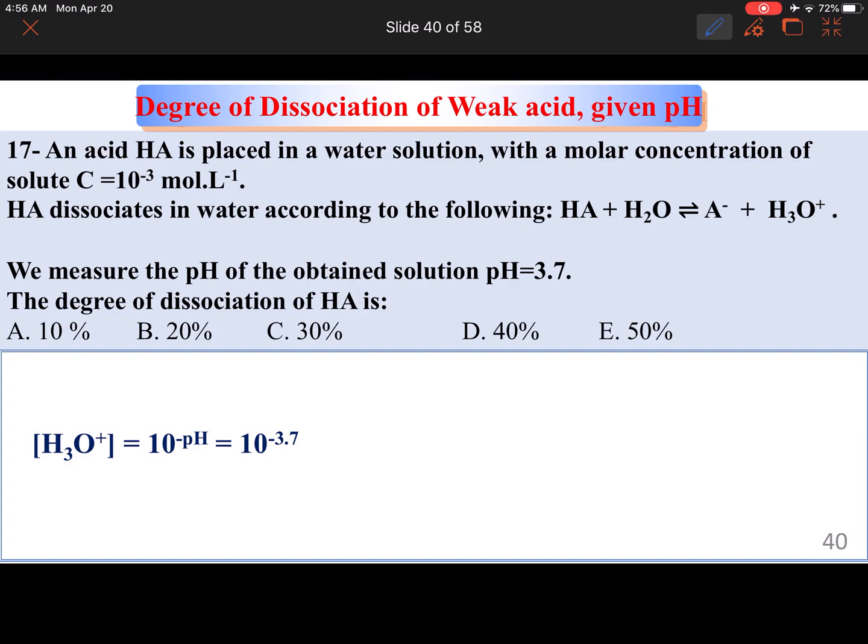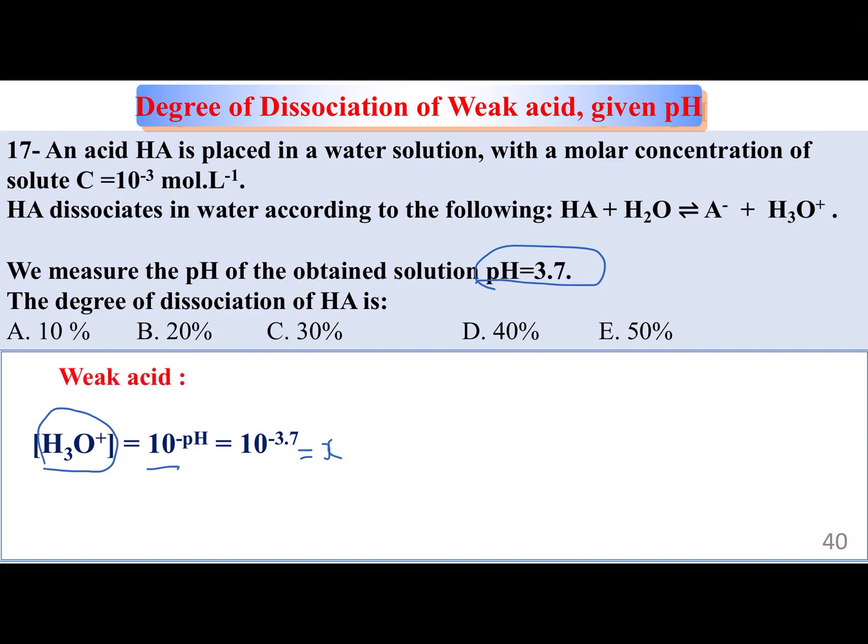Well, this is how I did it initially, and then of course I could do it in another way. If I have a pH, guys, what does that mean? It means I could easily get the H3O+, which is 10 to the minus pH. And why do I want to do that? Because once I have the H3O+, well, I have x, the dissociated amount, right?